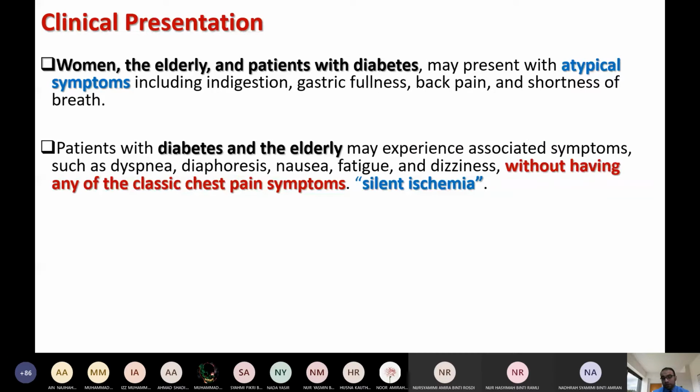Elderly diabetic patients can also present with something other than the classical chest pain symptoms, and they can be classified under silent ischemia. Silent ischemia means the ischemia is going on, but no chest pain.